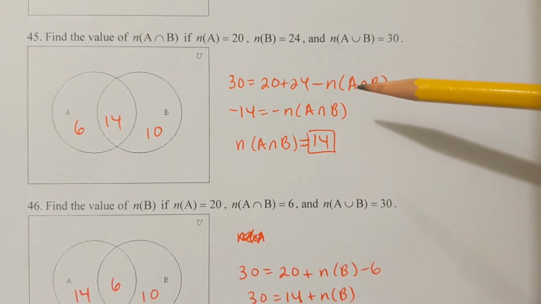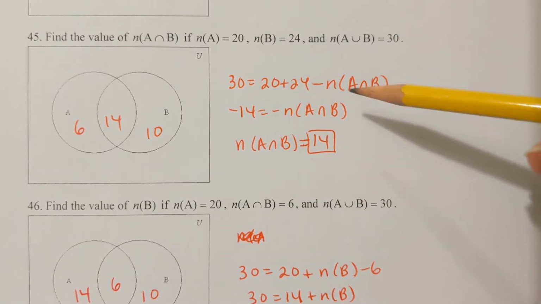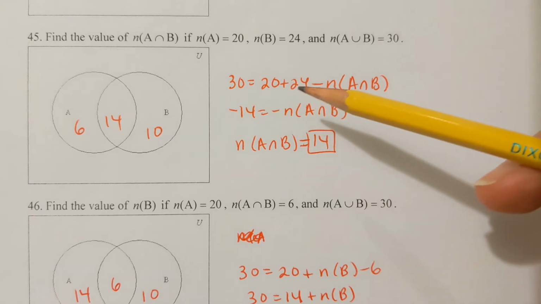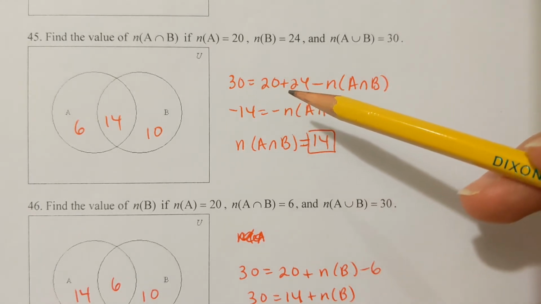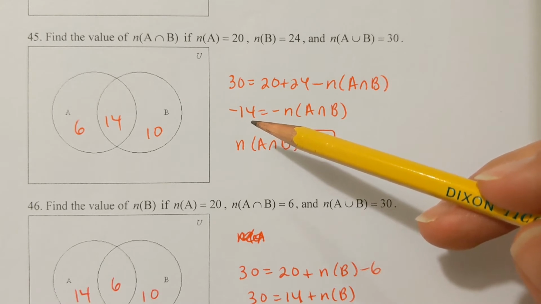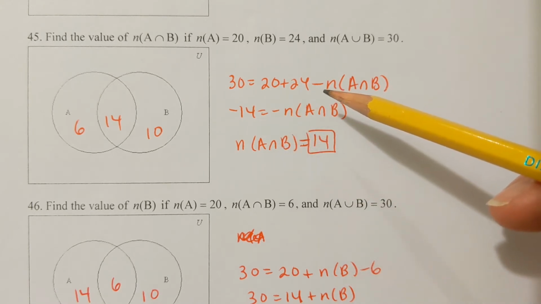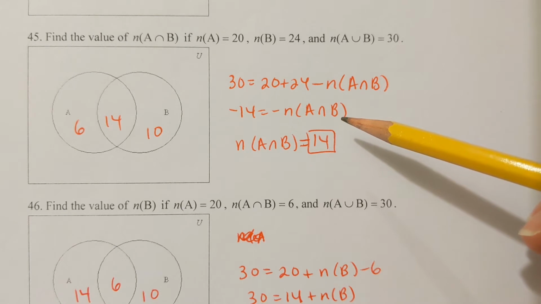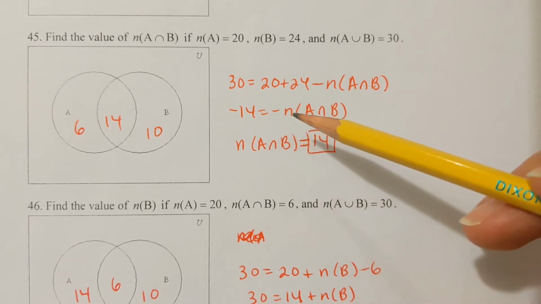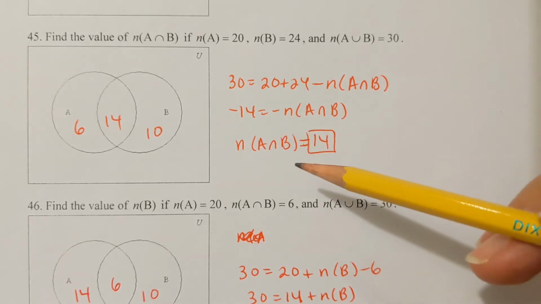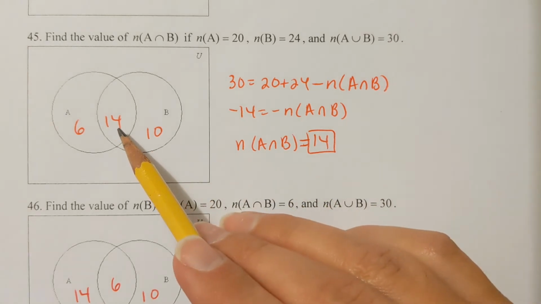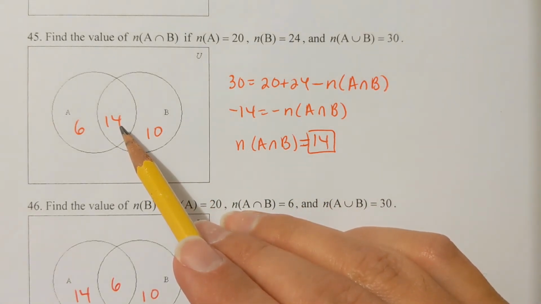Setting up an equation, 20 plus 24 gives me 44. 30 minus 44 is negative 14. That's equal to negative the cardinality of A intersect B. If you multiply both sides by negative 1, then the cardinality of A intersect B is equal to 14.